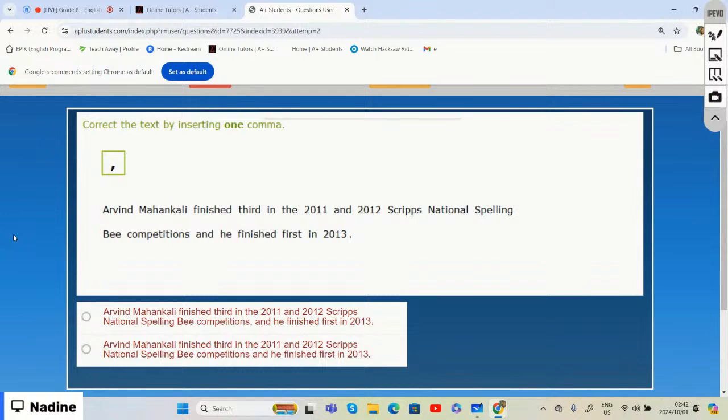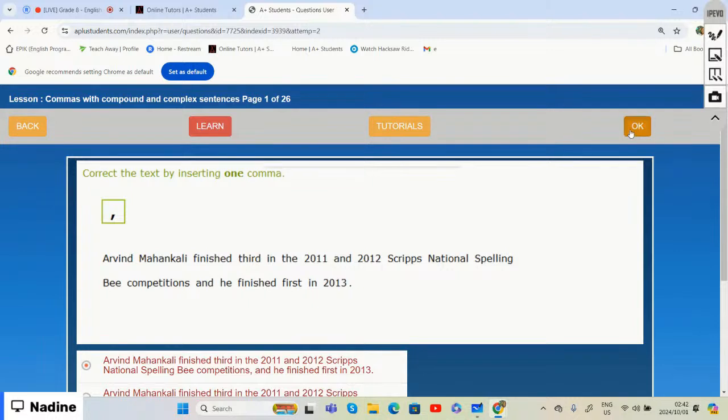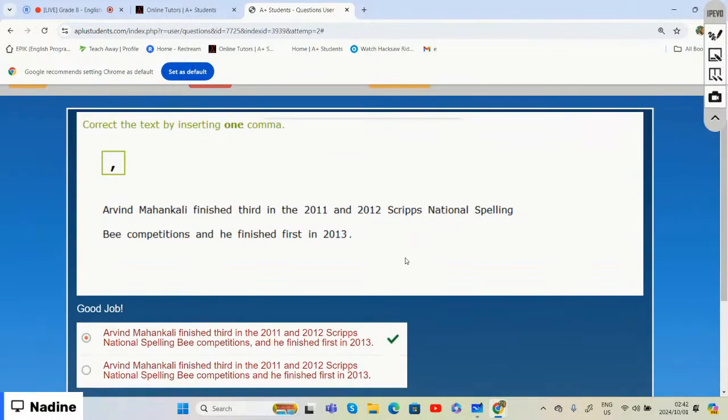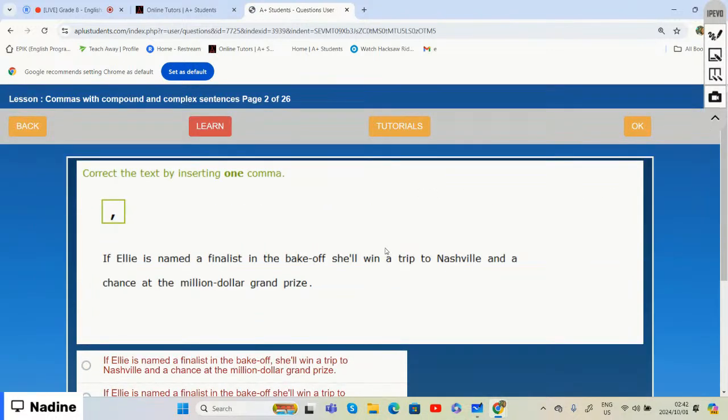If we were to choose the correct option, we would go with option 1 because this is a compound sentence, so we need to add our comma before our coordinating conjunction, which is and. All right, so the first one is correct.